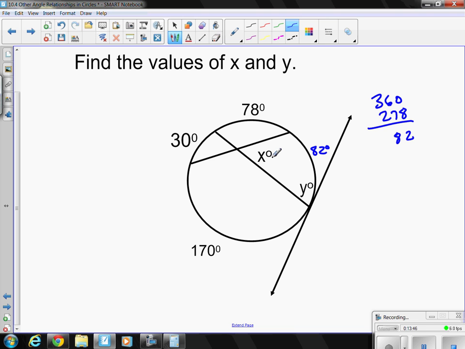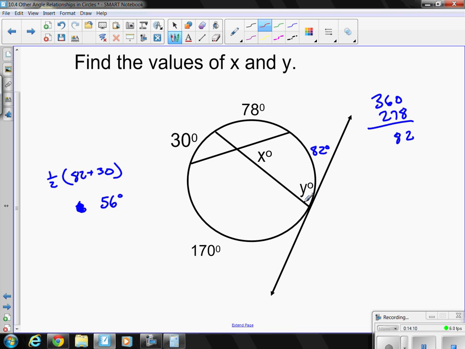So to find x, x is going to be the average. So I'm going to take 82 plus 30, and then take half of it. 112, half of 112 is 56 degrees.